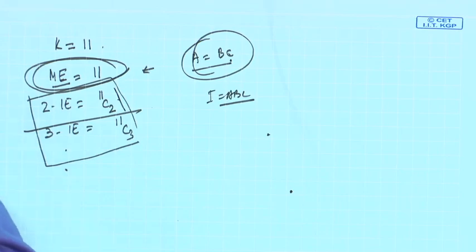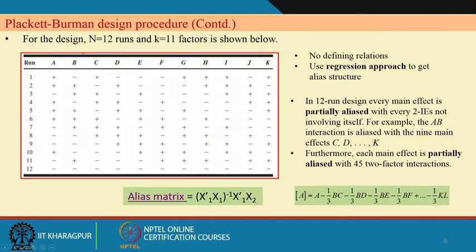So, we use regression approach to get the alias structure. Now, see here there are 12 runs and every main effect is partially aliased with every 2 interaction effects not involving itself.